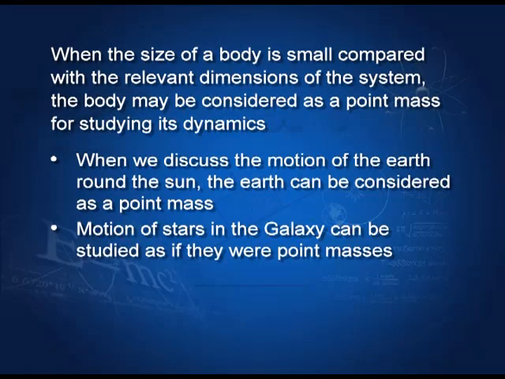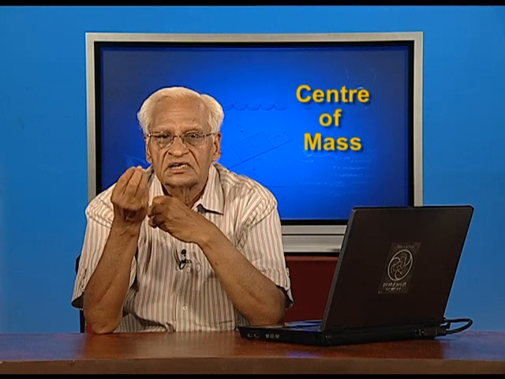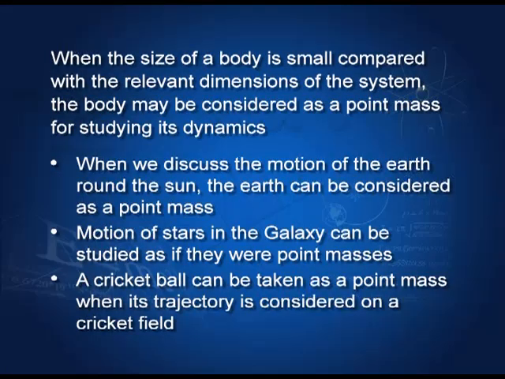Motion of stars in the galaxy in a similar way can be considered as motion of point particles, because the size of a star is extremely small compared with the size of the galaxy. A cricket ball is not small, but when you consider its trajectory in a cricket field, it becomes small compared with the relevant dimensions, and it can be considered a point mass.